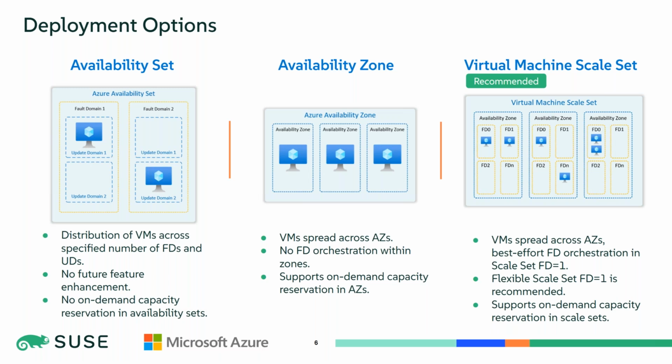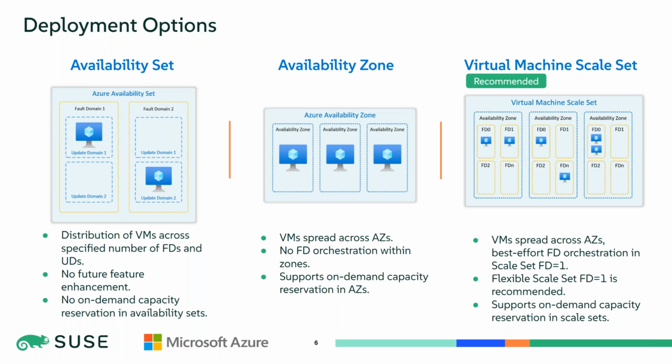In general, virtual machine scale sets have many other features as well, such as scaling in, scaling out, and other orchestrations. But for SAP workload, we support it only as a deployment framework because scale in and scale out doesn't work out of the box for SAP workload.